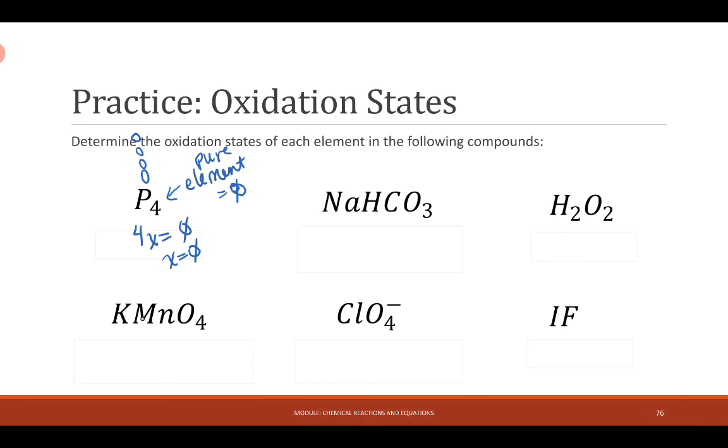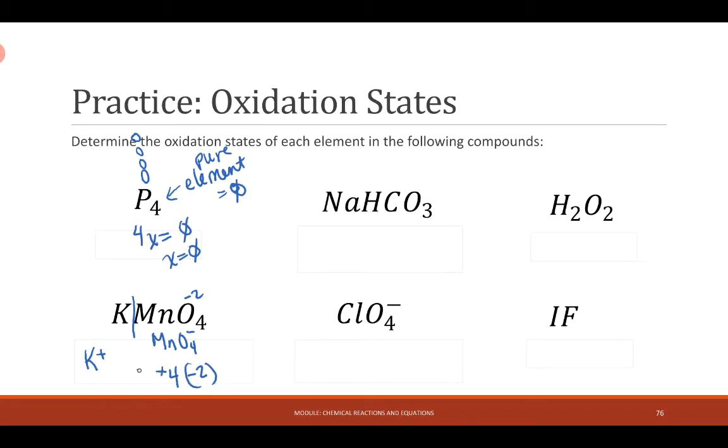If we come down here, potassium permanganate is made out of potassium ions and MnO4 minus ions. Oxygen is going to get its -2 oxidation state, and then we'll solve for the manganese.